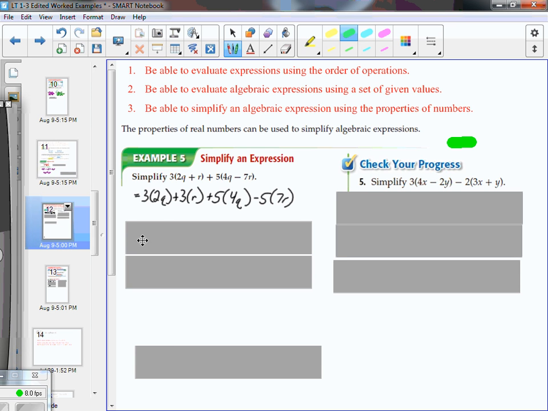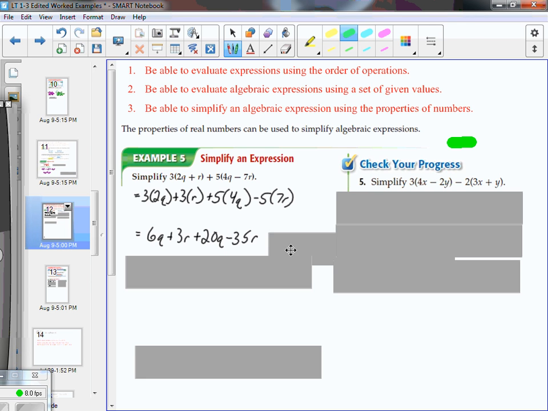So 3 times 2q, 6q. Just multiplied the coefficients. 3 times r, 3r. 5 times 4q, 20q. Negative 5 times 7r, negative 35r. Don't mess up your signs, right?